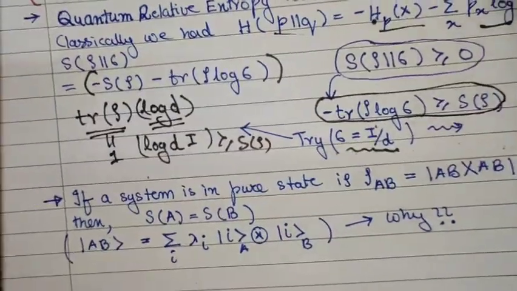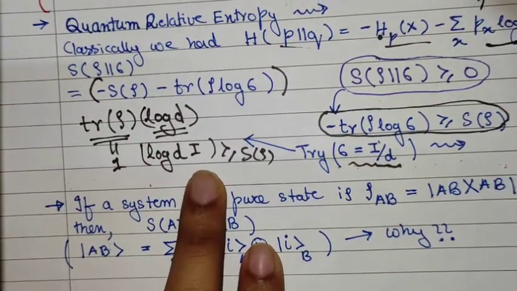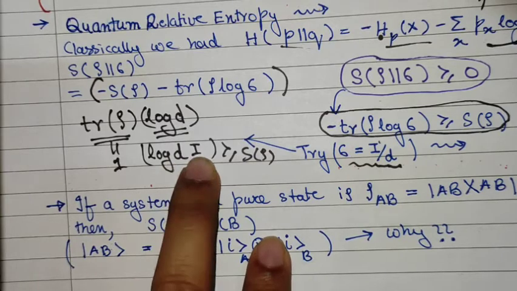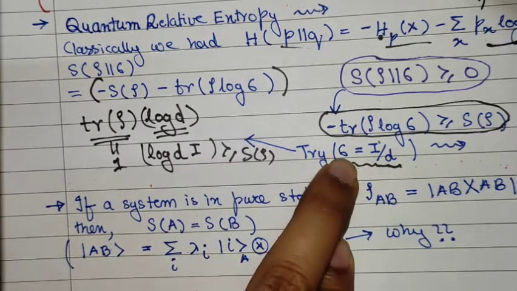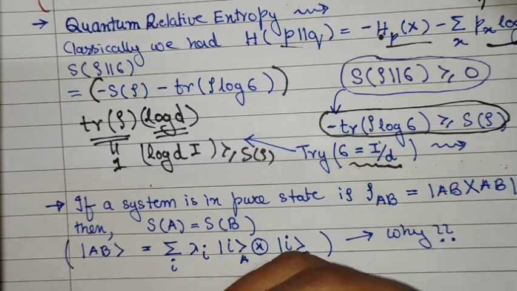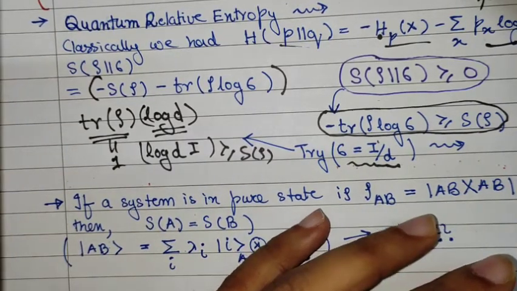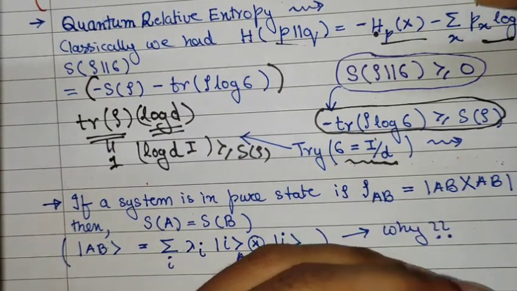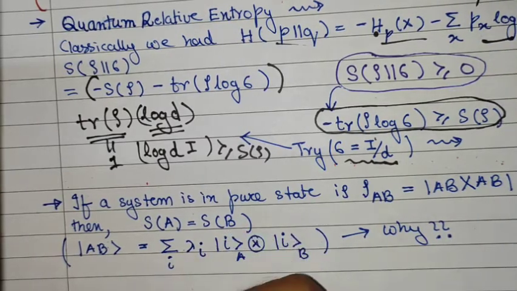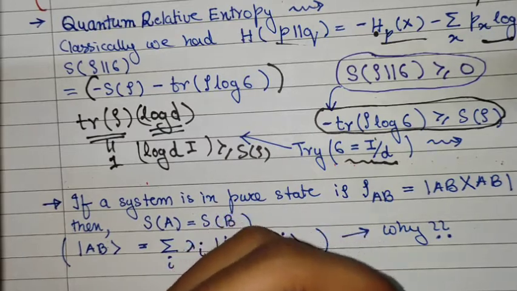Now what this means is that the maximum entropy that is possible is log d times identity, which is simply the entropy corresponding to the maximally mixed state. This means that the maximally mixed state has the highest entropy, and hence we have always said that the maximally mixed state is random, or the most random state.